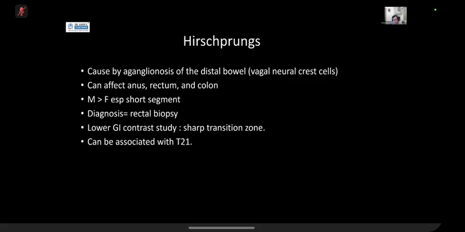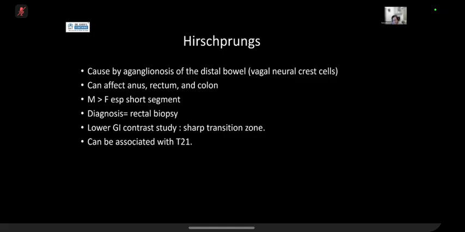And the good thing here is that a contrast study cannot say this is definitely Hirschsprung's disease, but what I can say is that you can suggest that it is, because of the reversal of the ratio and also the evidence of the spasms.